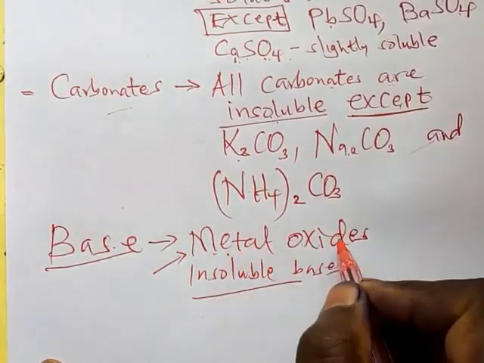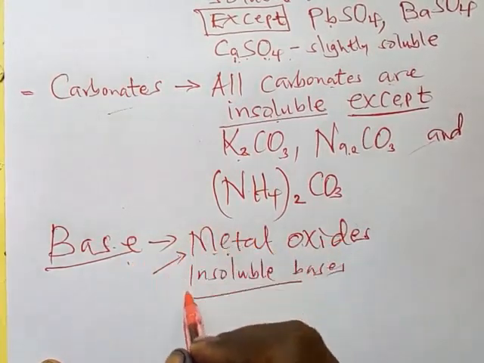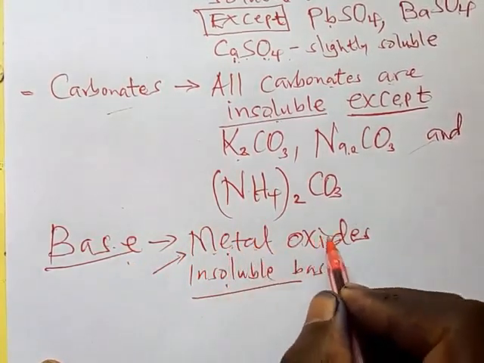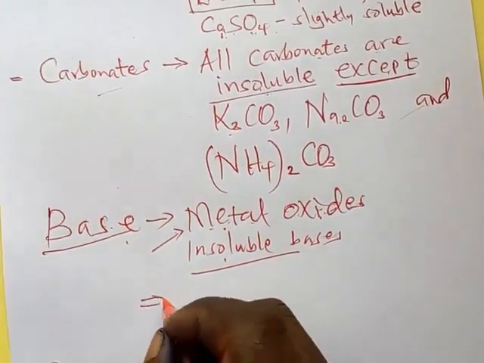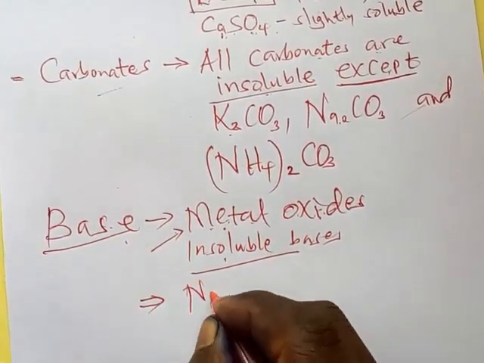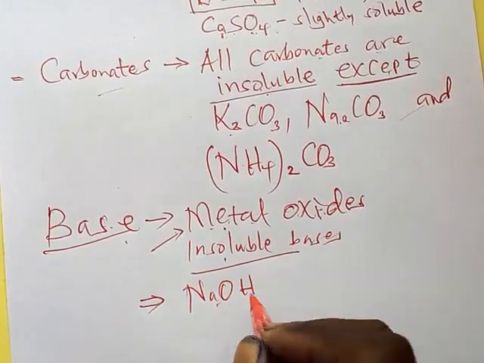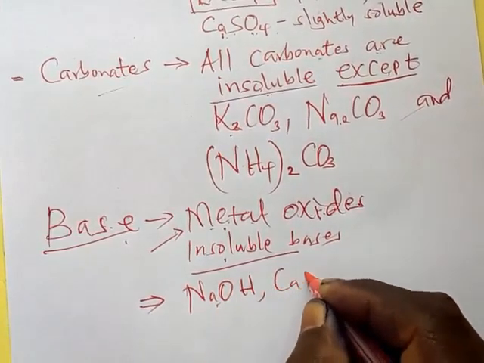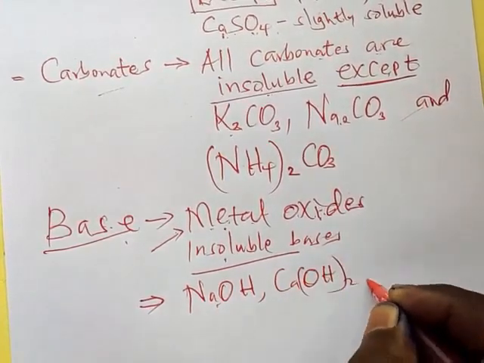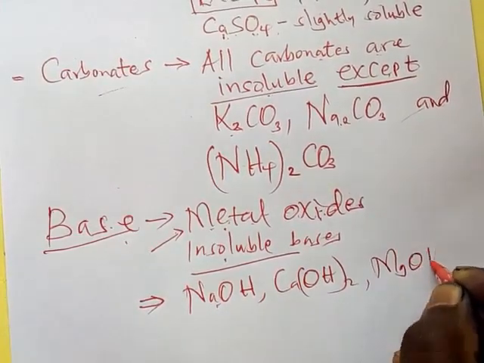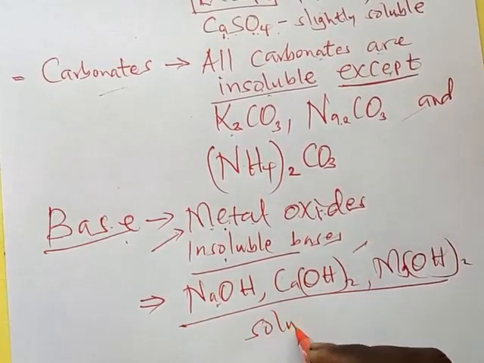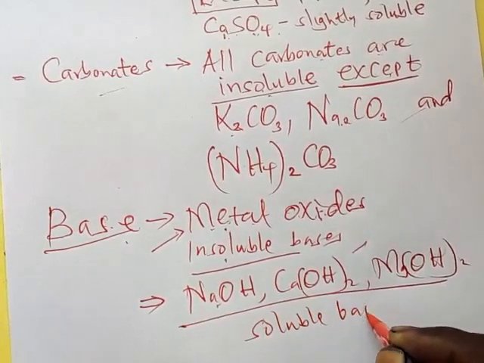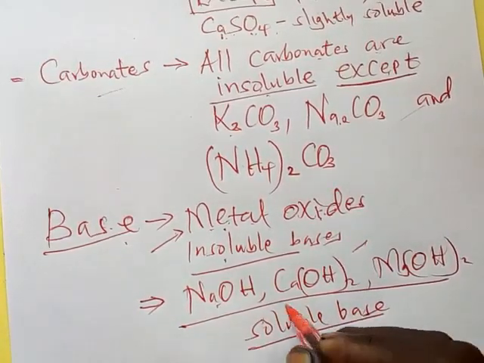So a metal oxide is a base, but most of them are insoluble. They don't dissolve in water to form a solution. Soluble bases such as sodium hydroxide, calcium hydroxide, magnesium hydroxide, all of these are called soluble bases.